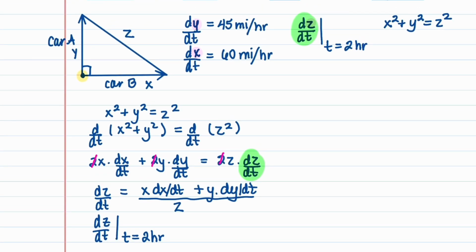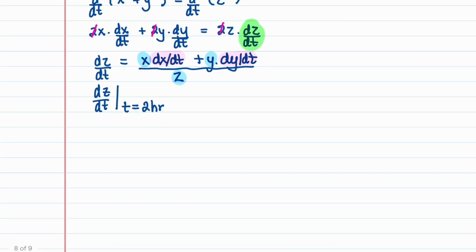We're given what dx/dt is, we're given what dy/dt is, but we do not know what x, y, or z are equal to. But we can find those out because we know how fast they're traveling per hour, and they're going to be traveling for 2 hours. Let's come down here and figure this out.